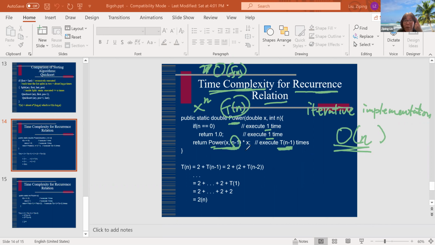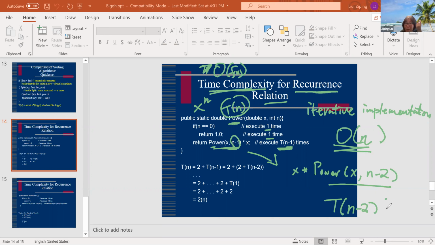And then if you keep calling, it's going to call x times power of x, n minus 2. And what is the time complexity? Then it's going to be T(n minus 2).